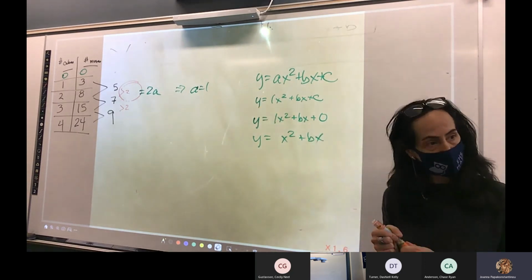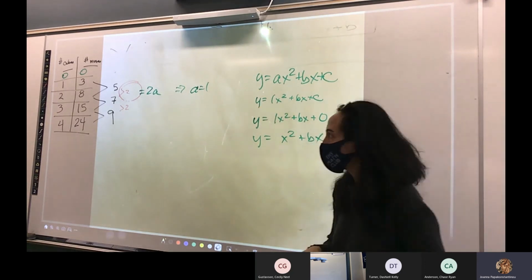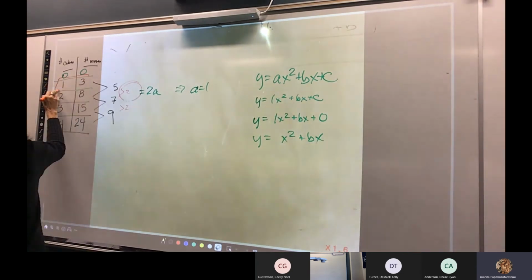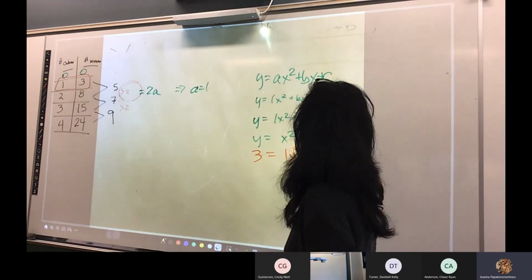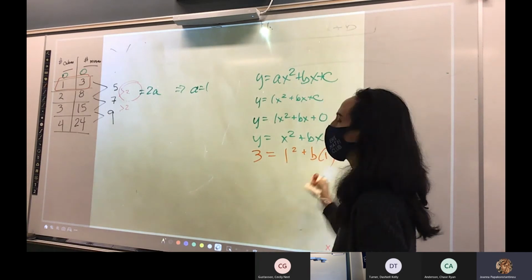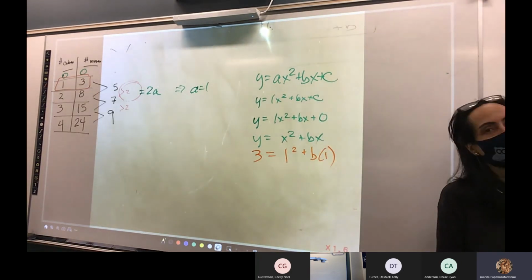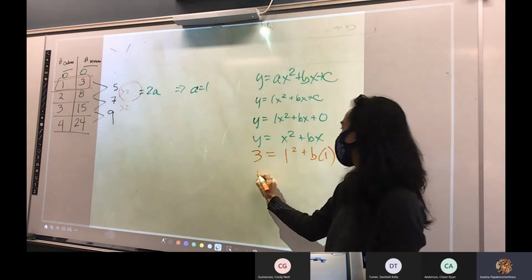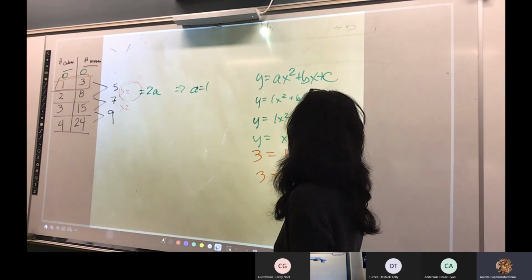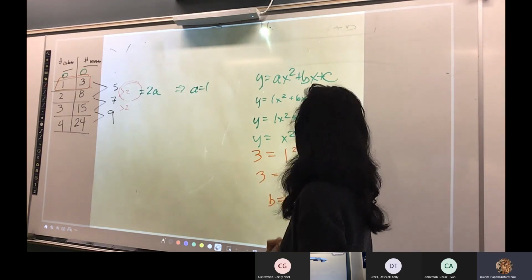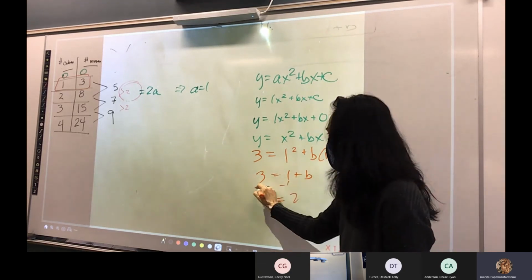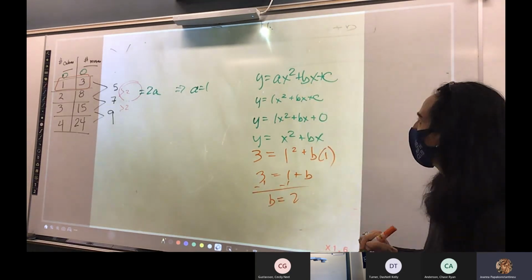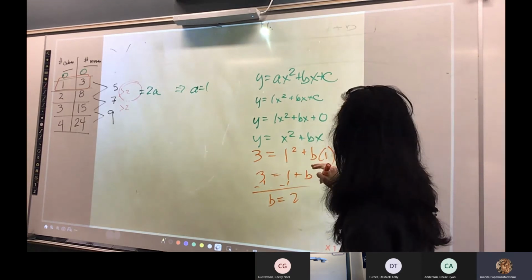A table of X and Y values. In fact, literally substitute in column 0, and substitute in 3 for Y, 1 for X, and 1 for B. What is B? It's 2, right? So what is the equation of the shuttle game?